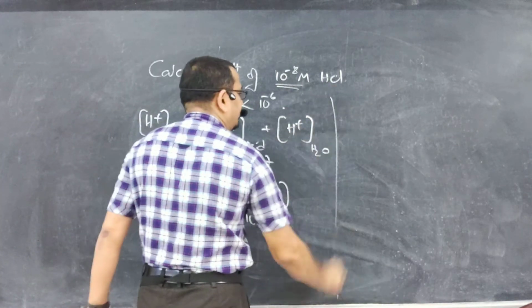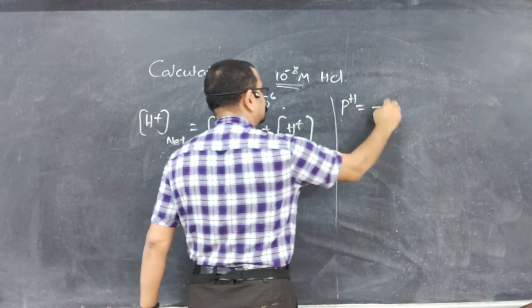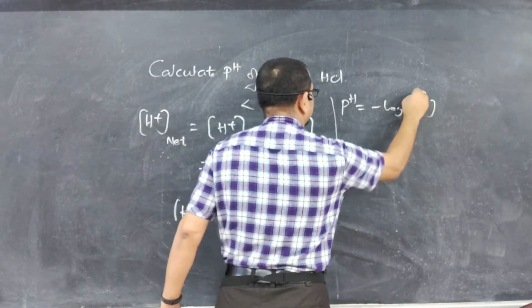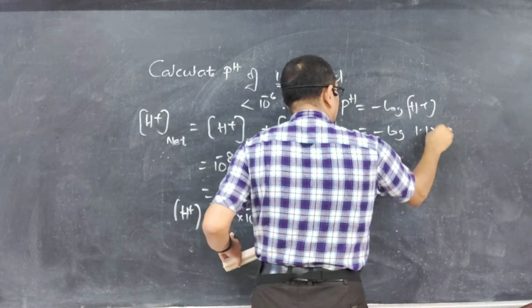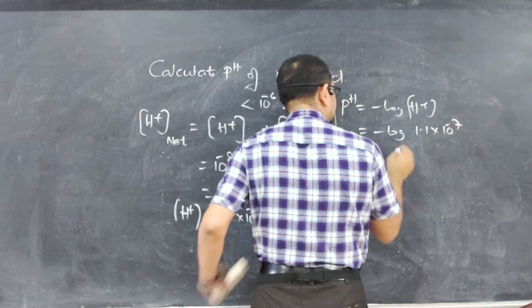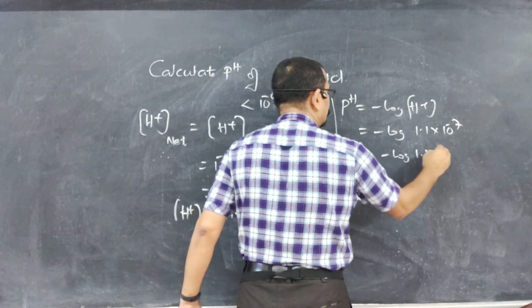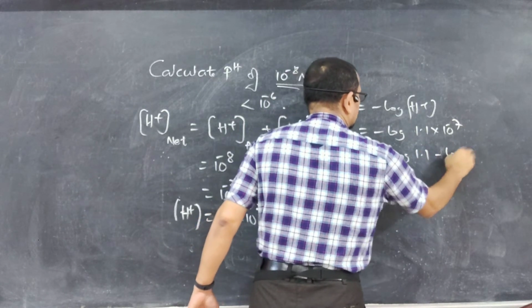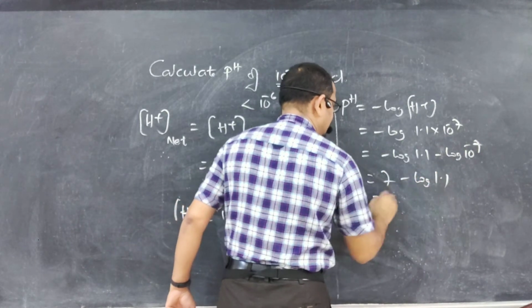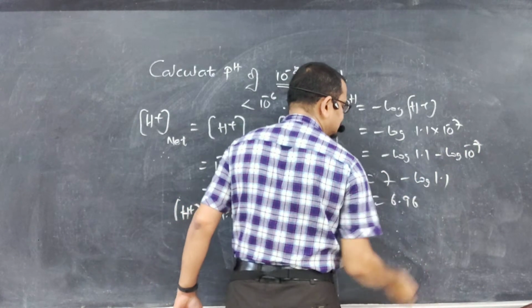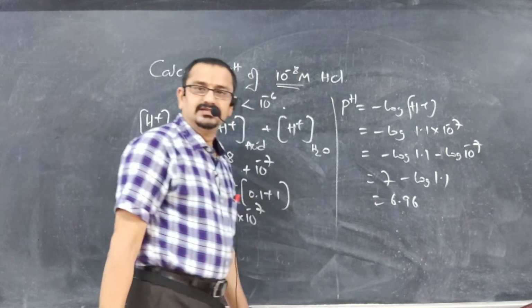Now we need to find pH of this solution. It is minus log H plus, that is minus log 1.1 into 10 power minus 7. That is minus log 1.1 minus log 10 power minus 7. It is 7 minus log 1.1, 6.96, because this is 0.04.